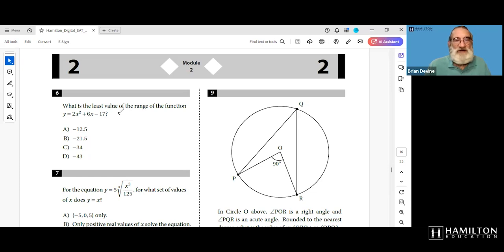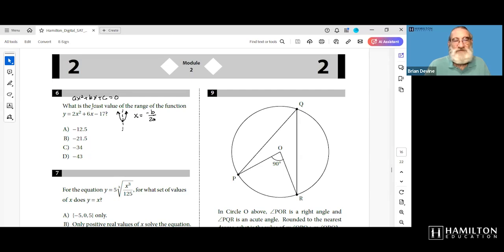Or you could realize that it does open up because the leading coefficient is 2, which is positive. So it would have a minimum, which would be on the vertex. And so it would be when x equals negative b over 2a when it's in standard form of ax squared plus bx plus c.